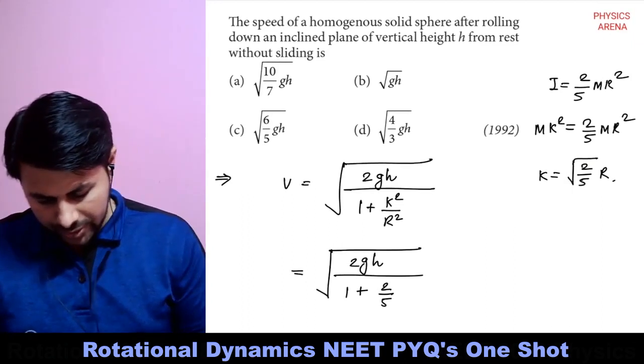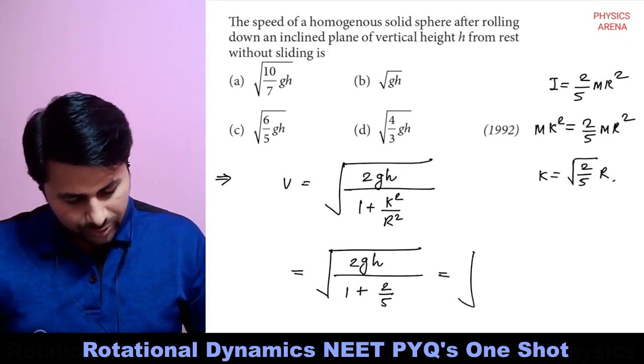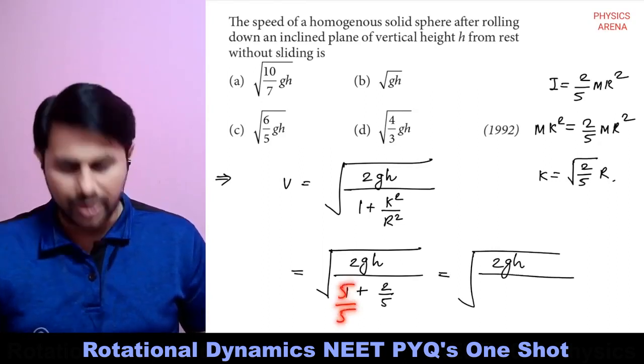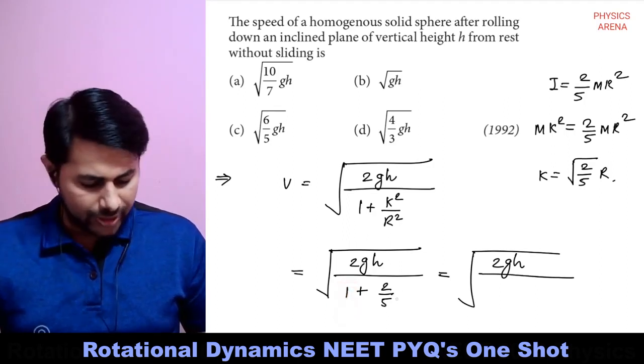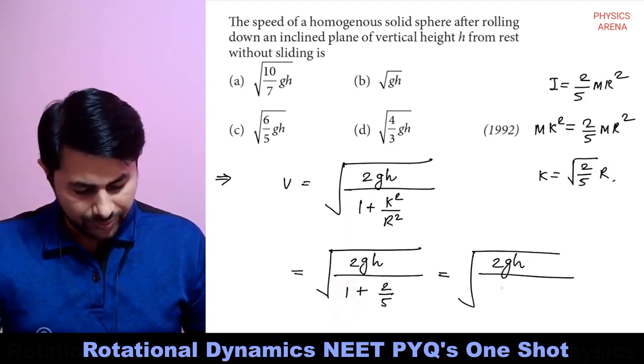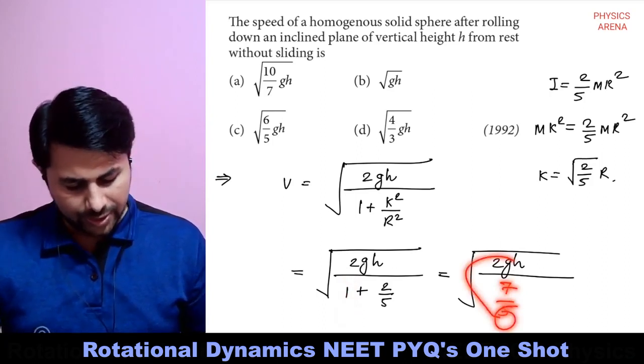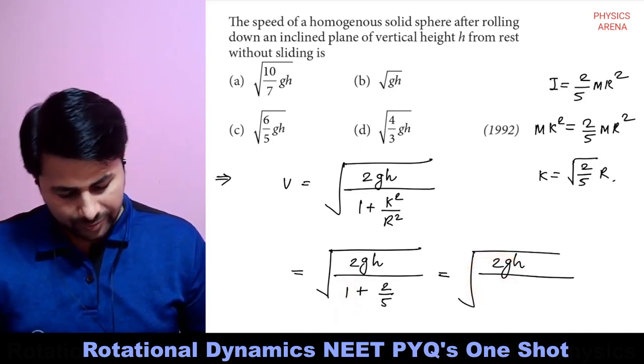So this is equal to square root of 2gh divided by, now 1 is 5 by 5, and 5 by 5 plus 2 by 5 is 7 by 5, right? You can take that 5 into the numerator, so it is 10 by 7.